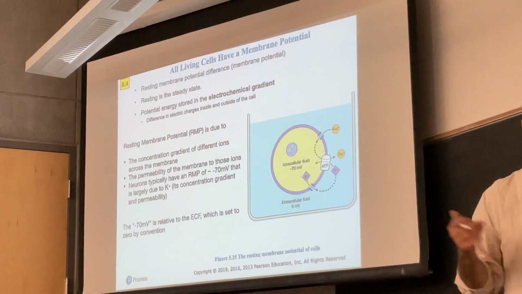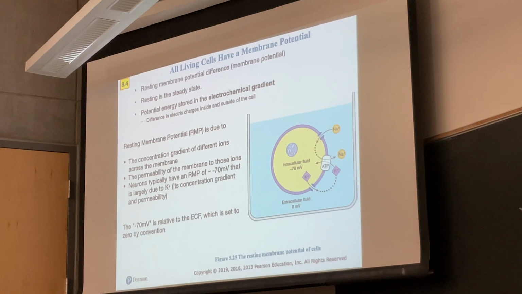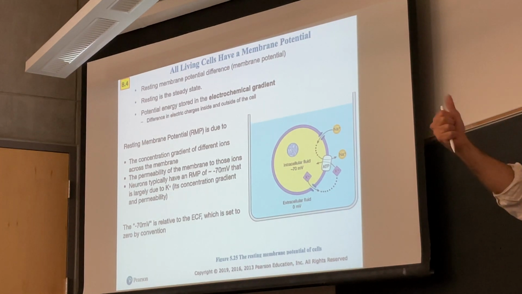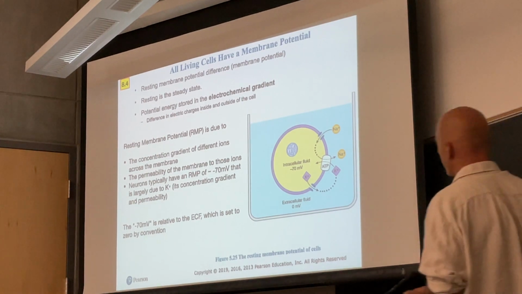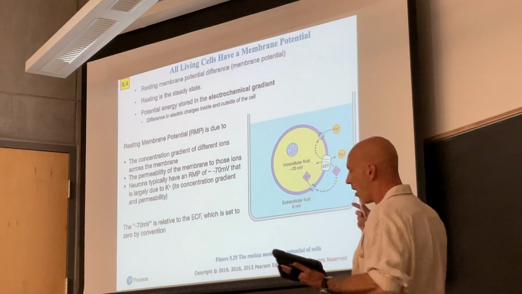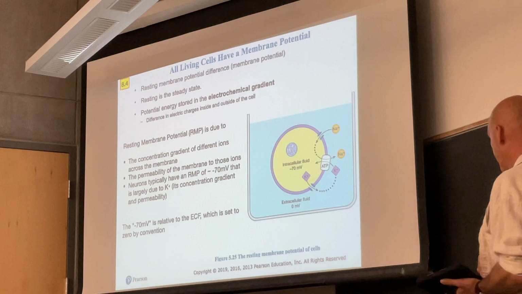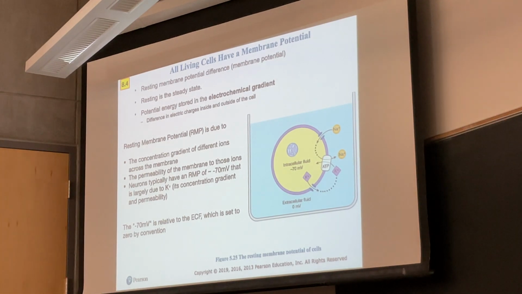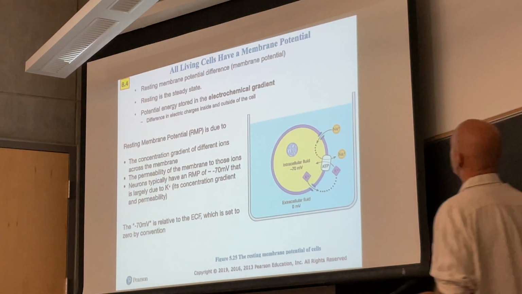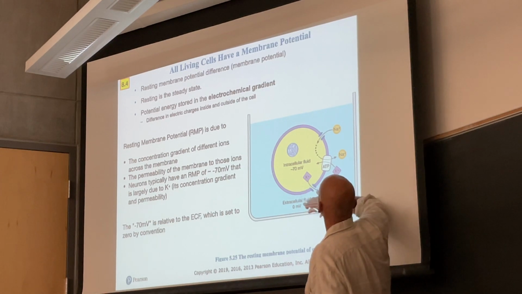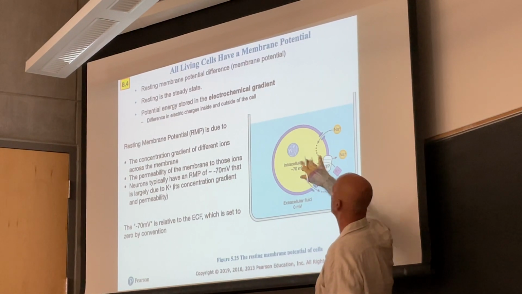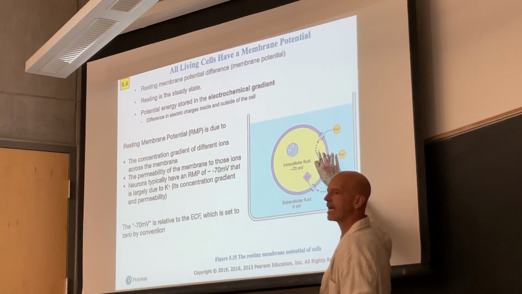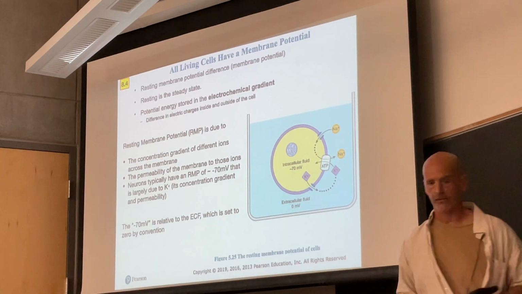So if I ask what makes up a membrane potential, you'll say the concentration gradients, and then the permeability of the ions. The big player is potassium. Potassium's leaking out, sodium's leaking in a little bit, and the actual minus 70 is fine-tuned by the sodium potassium pump, keeping those concentration gradients the same.